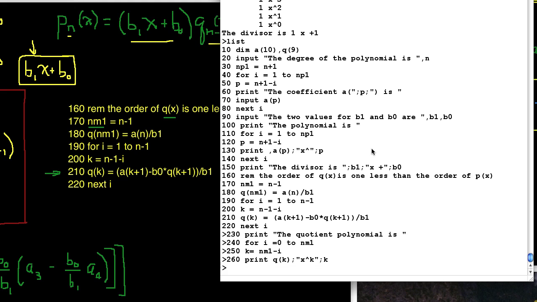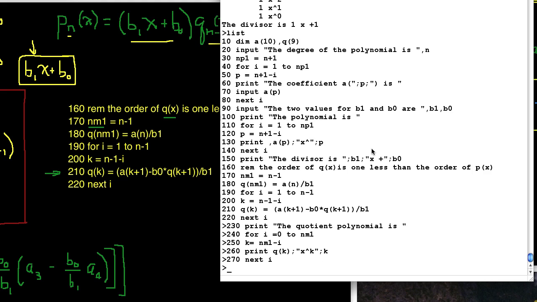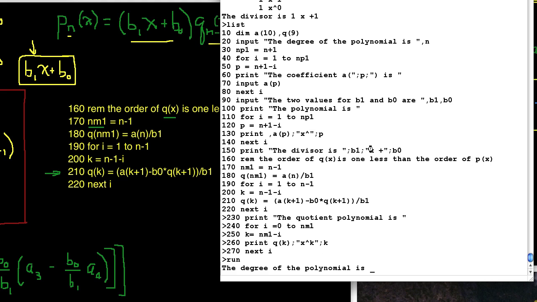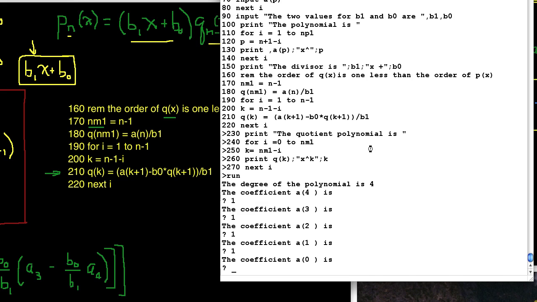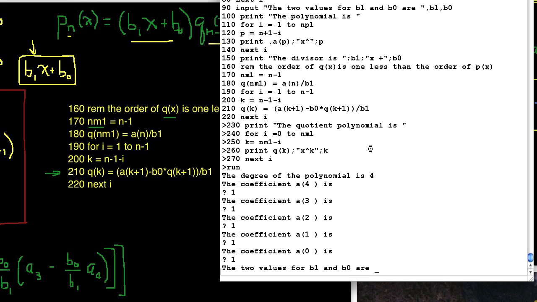And then 270 next I. Okay, let's try run. Degree of polynomial is, say, 4. Coefficients 1, 1, 1, 1, and then 1. Then 1 comma 1.